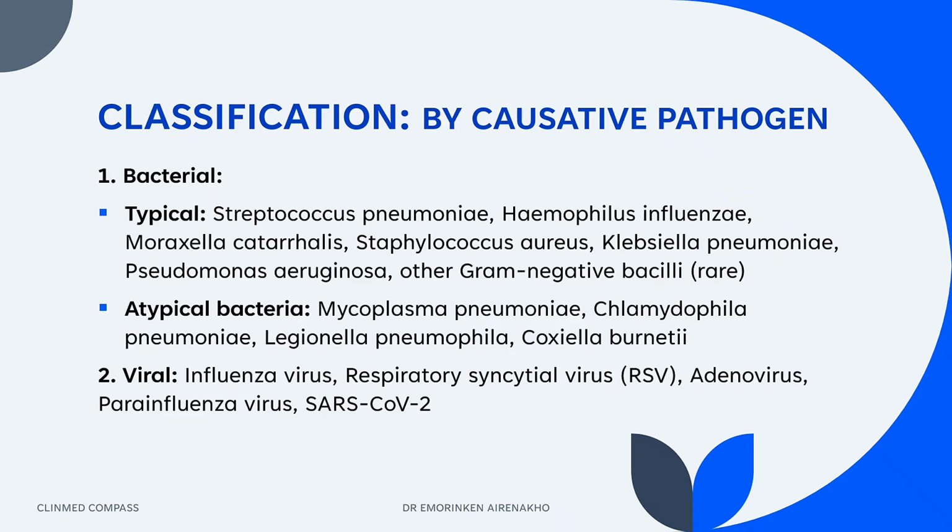Other typical bacteria include Haemophilus influenzae, Staphylococcus aureus, Klebsiella pneumoniae, Pseudomonas aeruginosa. Then the atypical bacteria include Mycoplasma pneumoniae, Legionella pneumophila, Chlamydophila pneumoniae, Coxiella burnetii. These ones are atypical because they usually don't stain well on gram stain.